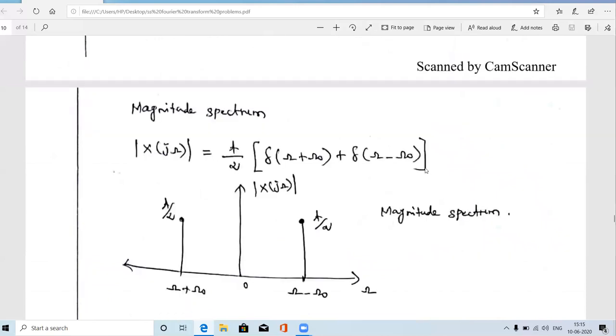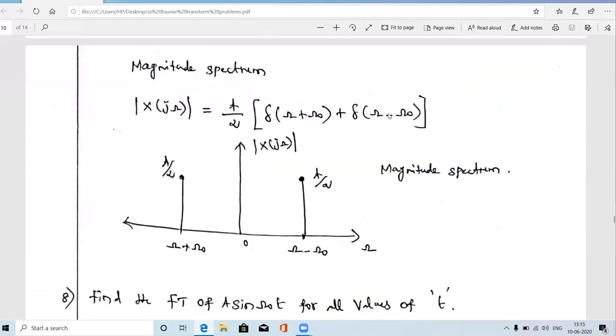Okay, but here you see, this has two terms: a by 2 del of omega plus omega naught plus a by 2 del of omega minus omega naught. So this is the addition of two impulse signals. One impulse is available at omega minus omega naught.